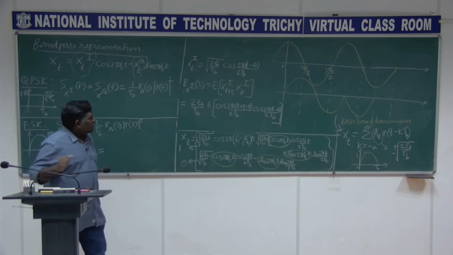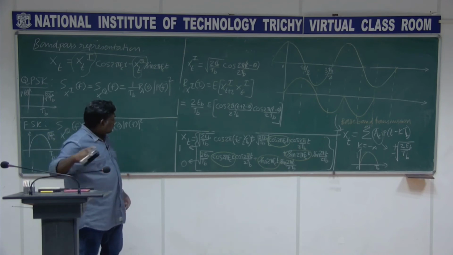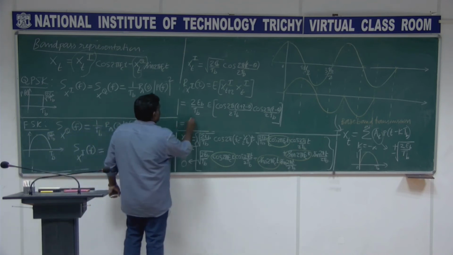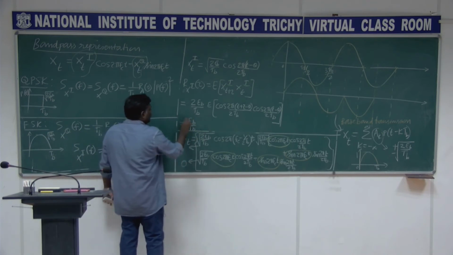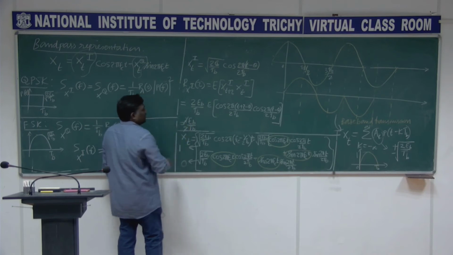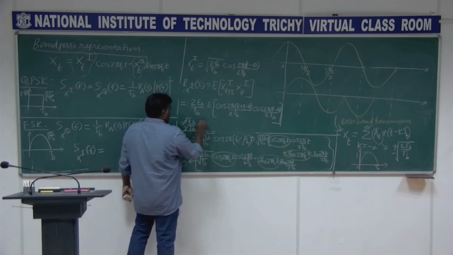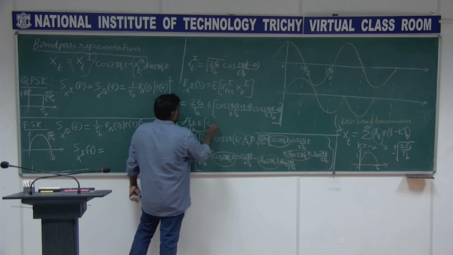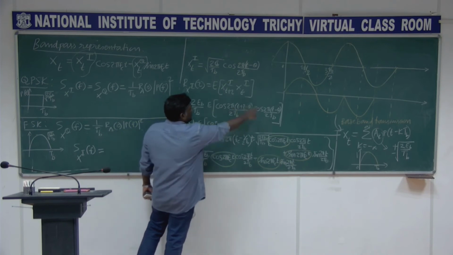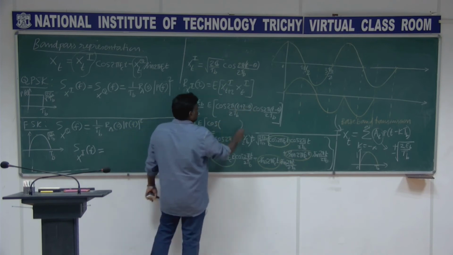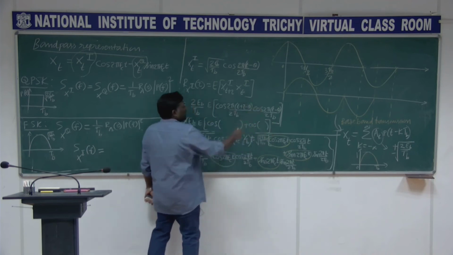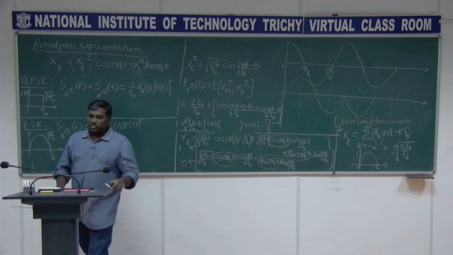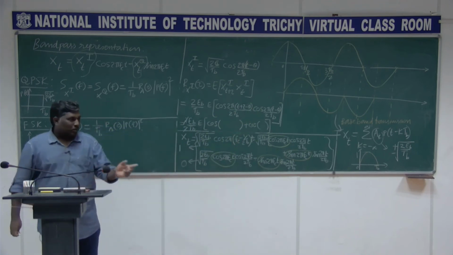So this can be written as Eb by TB of, I have included the half, and this 2 gets cancelled here, cos, I am going to have two terms in this, plus cos, one is the sum and the other one is the difference.